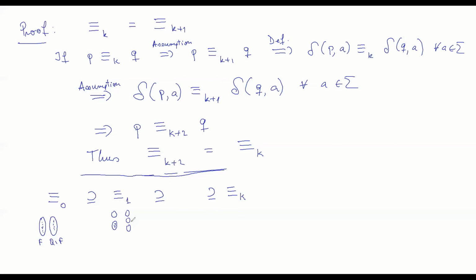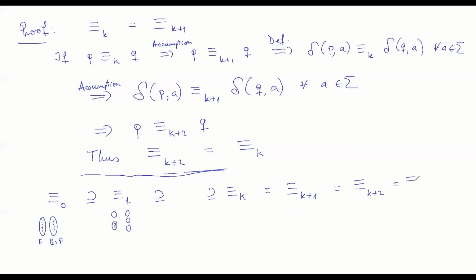Either way, at some point in this construction, you are going to collapse. You cannot continue forever. And that's the sign that anything else after this is also going to stay the same.